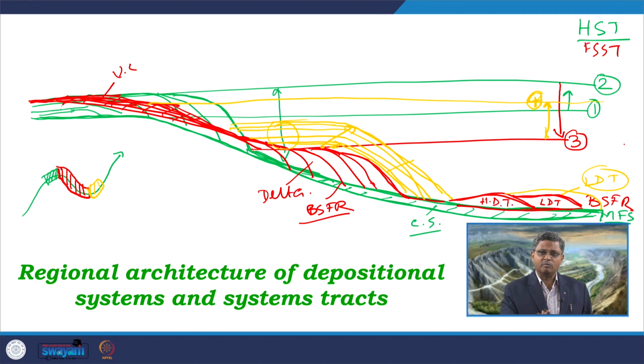We get formation of fluvial and deltaic conditions, which will start developing near the shelf edge, and from there will try to retreat back as well as prograde. Along with that, in the deeper part, we get deposition of these low density turbidites, which will be the representation of the lowstand systems tract.